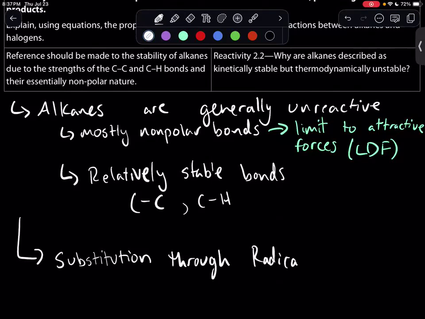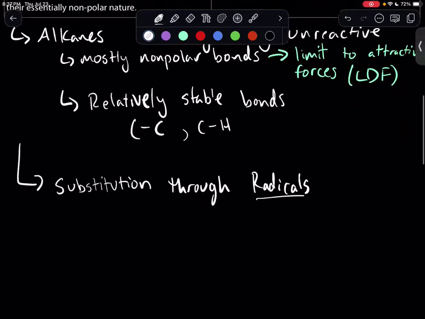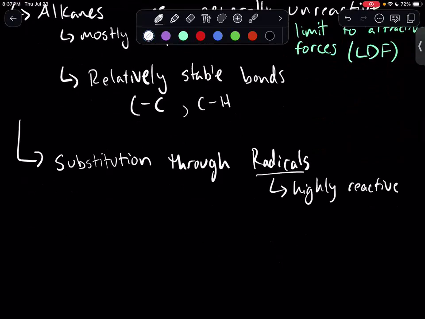As we mentioned earlier, radicals are highly reactive, and they can overcome the unreactivity of alkanes. In fact, they'll react with pretty much anything. So they will generally force that reaction. And what we'll end up with is usually a halogenoalkane product.